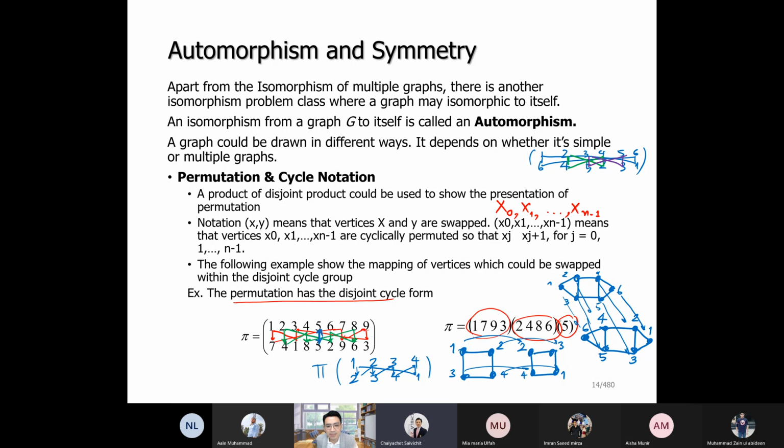Okay? Yes, Professor. This is called automorphism, right? You just have the same graph, and the outcome of another graph would be exactly the same, because we don't mess around with the location of the nodes, we just relabel them to be different.